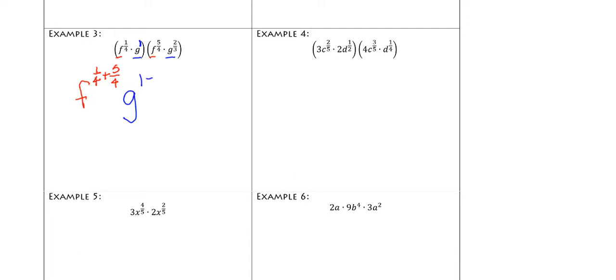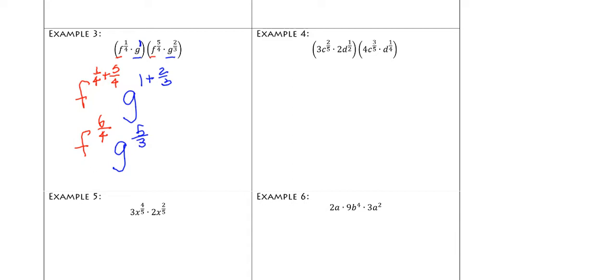So 1 plus 2/3. So that gives us f to the 6/4, where 4 will be our denominator, 6 is the numerator, and g, this will end up being 5/3 power.